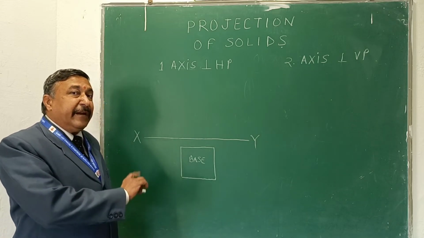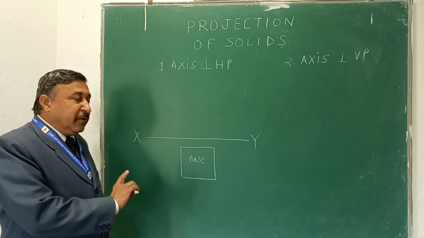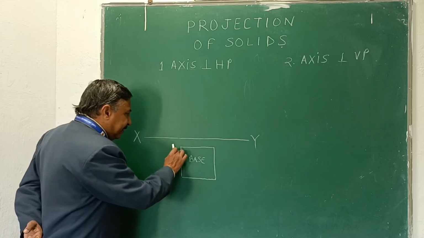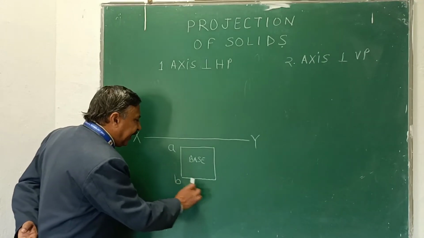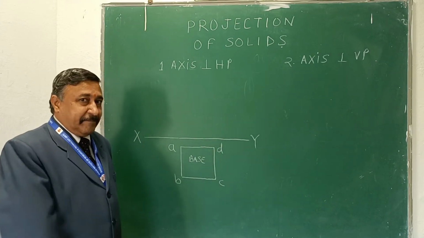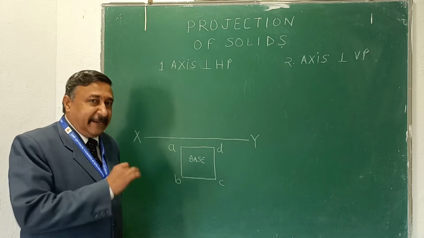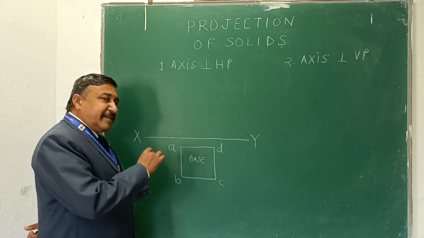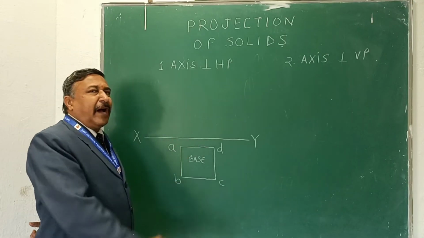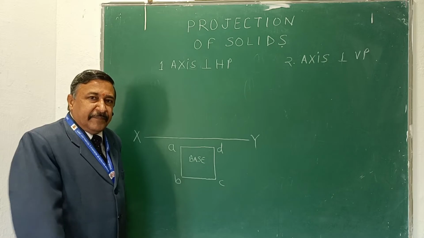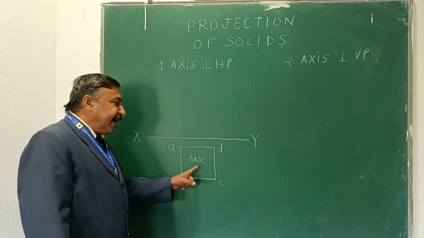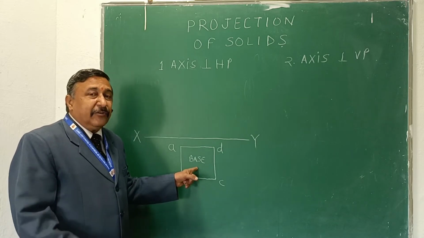Now, we have to name or label it. Labeling is very important. As usual, we name it A, B, C, D. But this is a square plane. Just imagine how many such squares are in a square prism. There is one base and a second, the top. It means there are two squares in a square prism.